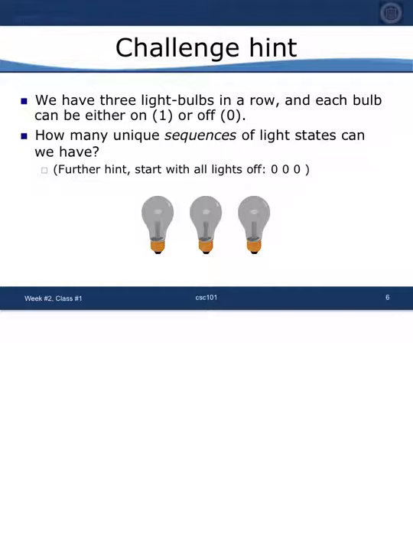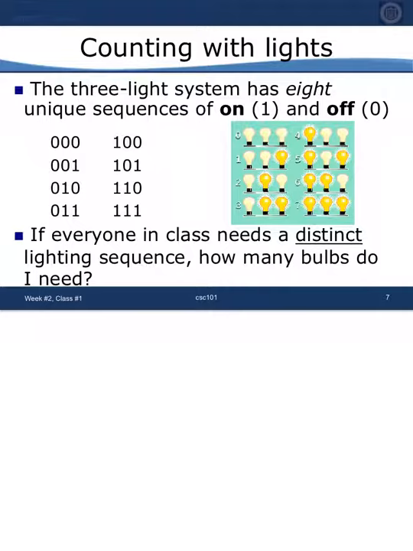And then if I go through this and try to say, well, okay, what could I do in terms of turning them off and on? Hopefully you explored a little bit and came up with, at least mentally, some sort of a picture like this one right here, which has 8 different combinations. You can see them all right here in the chart, of offs and ons that might correspond to the 8 codes. If I use 0 for off and 1 for on, they might correspond to these numbers over here.